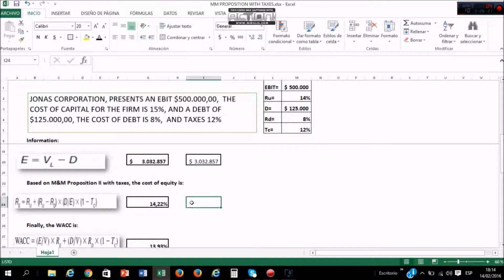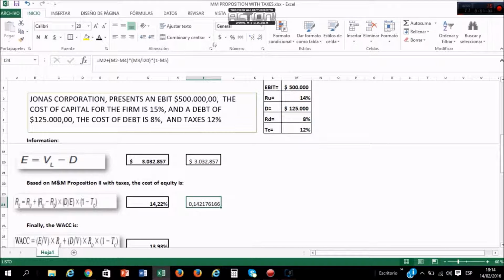So it is 14% plus 14% minus RD, 8%, multiplied by D, the debt, divided by the equity, multiplied by the tax shield, 1 minus TC, 12%.